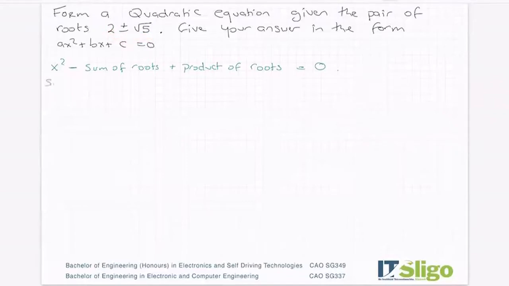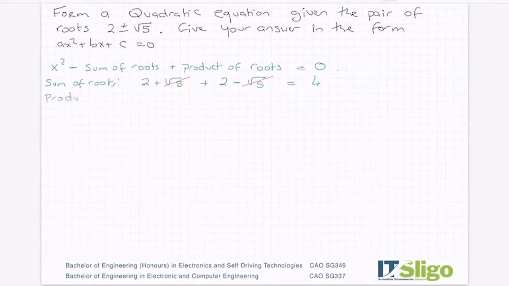So let's work out the sum of the roots. Sum means to add. So I have 2 plus root 5 plus 2 minus root 5.